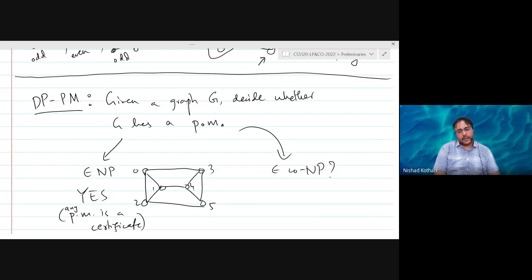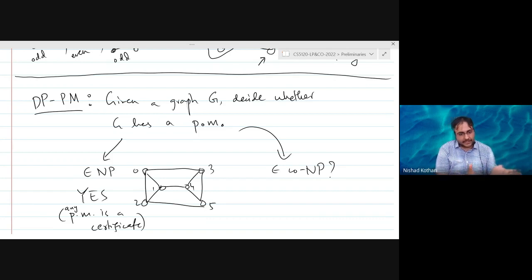Is there any easy way to convince your friend that this graph does not have a perfect matching? So Anand says find the maximum matching, right? Okay. So a maximum matching, but you will have to somehow certify that it is a maximum matching, right?